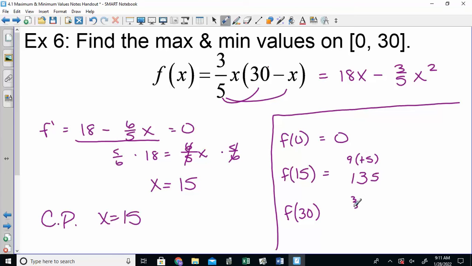We have 3/5 times 30 times 30 minus 30 is 0. And anything times 0 is 0. So then, how do we find our max and min? The biggest number, that's my max. Smallest is my min. Since these are the same number, we actually have 2 of them.